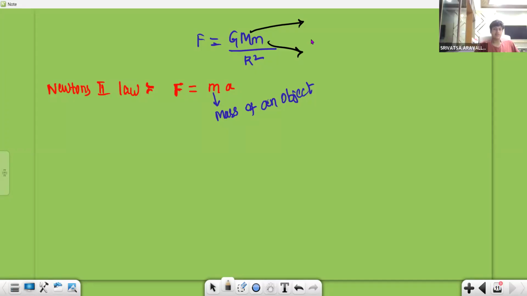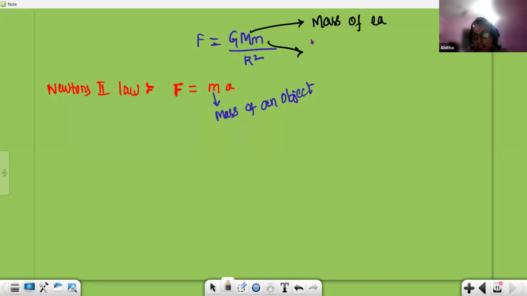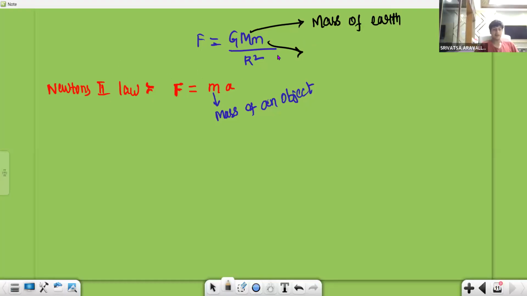Capital M is the larger mass, here we are considering Earth. And small m is the smaller mass, you can consider it as a pen or a smaller ball.